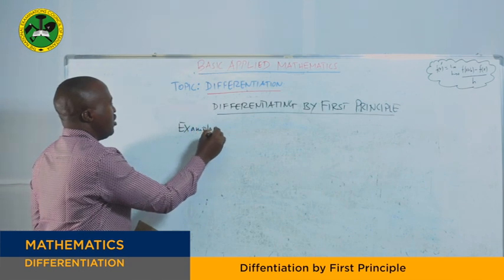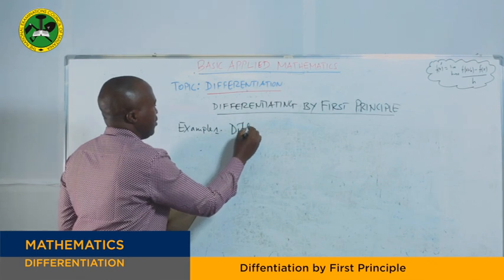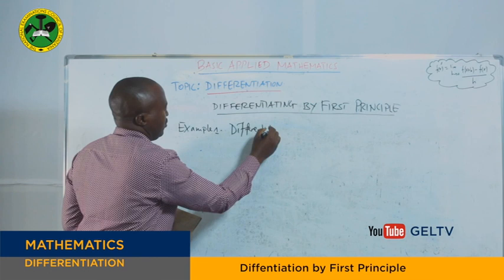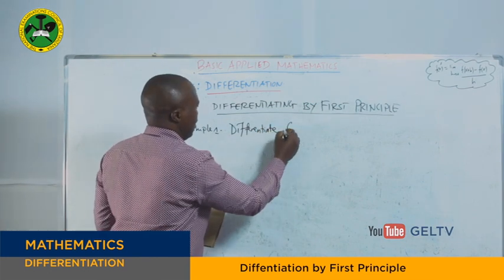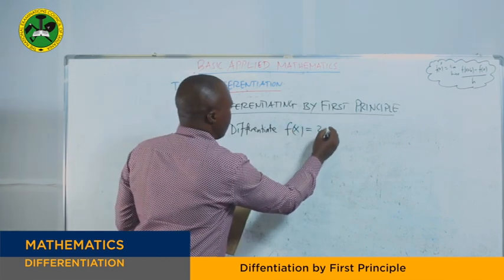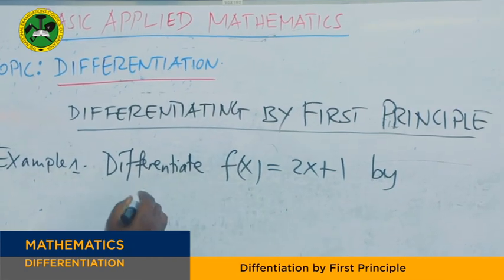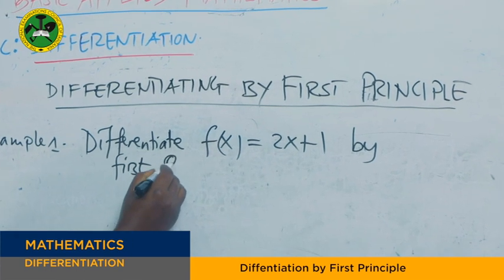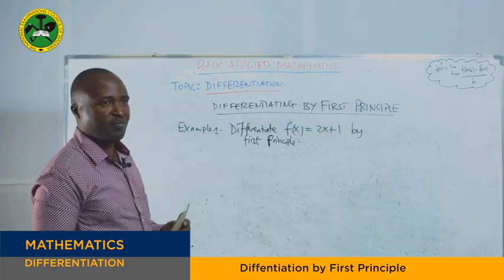We have example number 1: differentiate f of x equals 2x plus 1 by first principle.